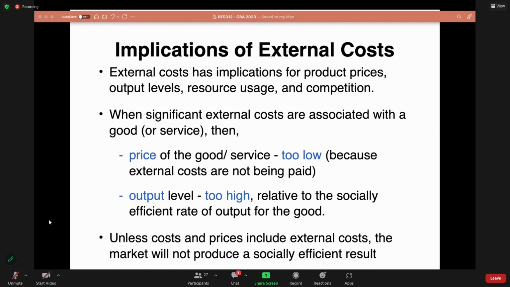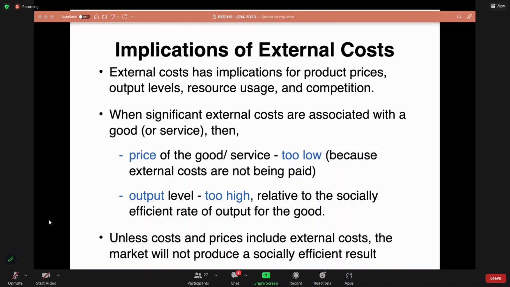So why is it important to look at these external costs? Because they have implications in determining the price of a product, the output levels, resource usage, competition, all these things.